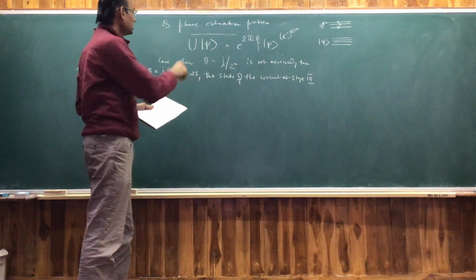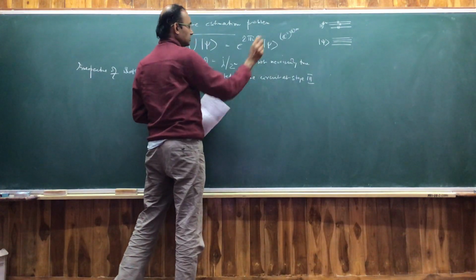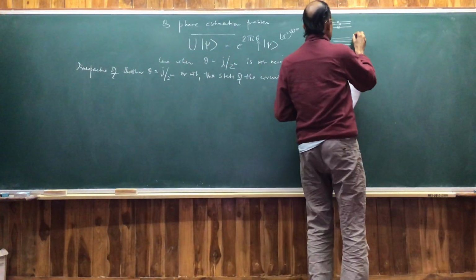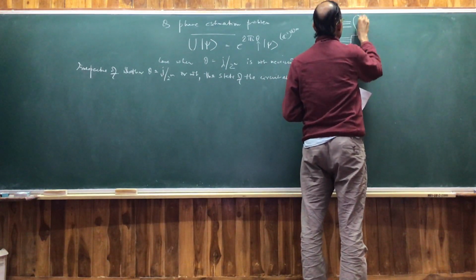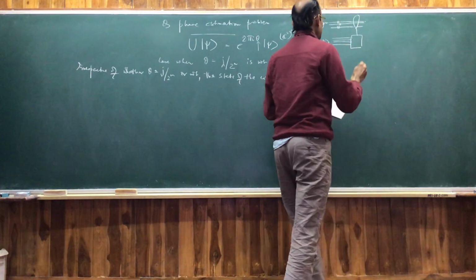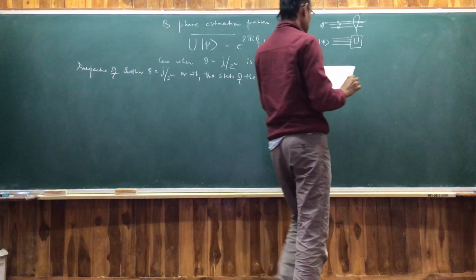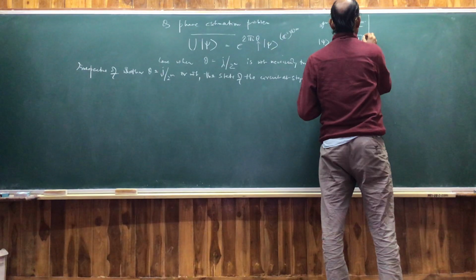The unitary operator is an operator on this, and the vector is a vector of this. And then there was this controlled unitary, and this is the stage 3.